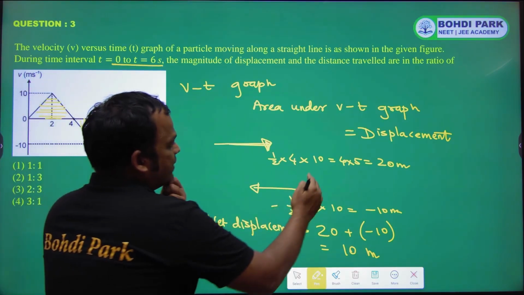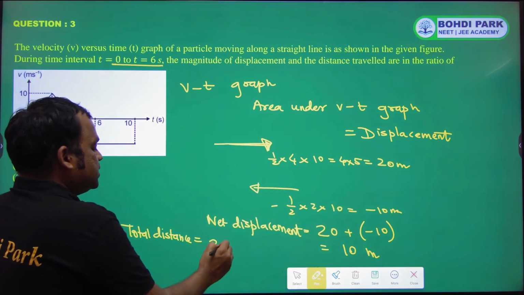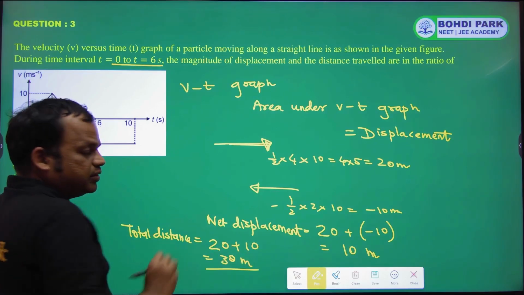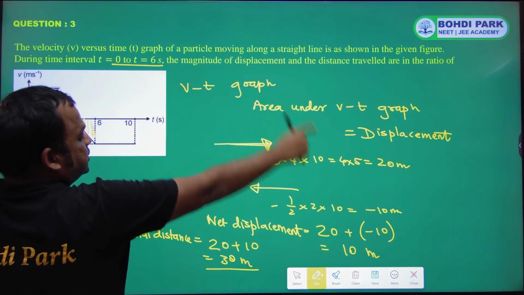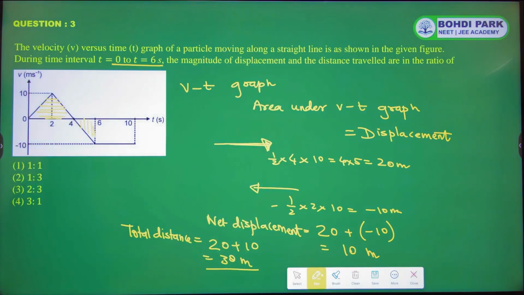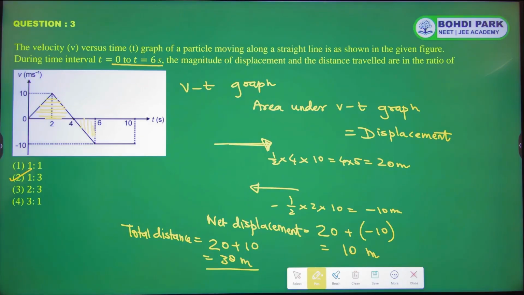So rightward it is going 20, leftward it is going 10. So total distance is 20 plus 10 is equal to 30 meter. Now the magnitude of displacement is 10 and distance is 30. So 10 by 30. Second option. Now done. Now next question.